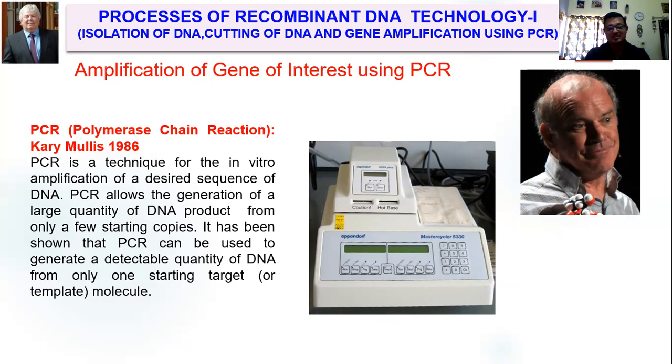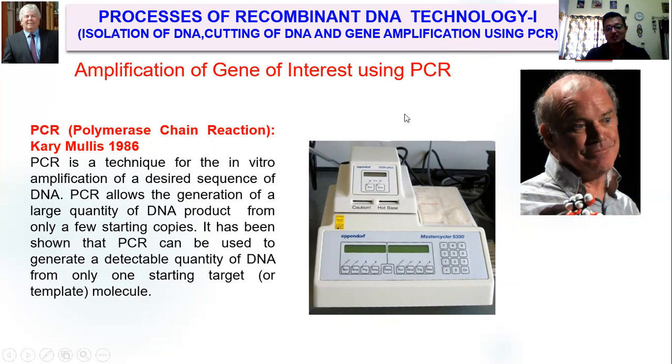So a technique was devised by Sir Kary Mullis in 1986, where amplification of a desired gene sequence of a DNA was done. It allows the generation of a large quantity of DNA product from only a few starting copies. It has been shown that PCR can be used to generate a detectable quantity of DNA from only one starting target or template molecule.